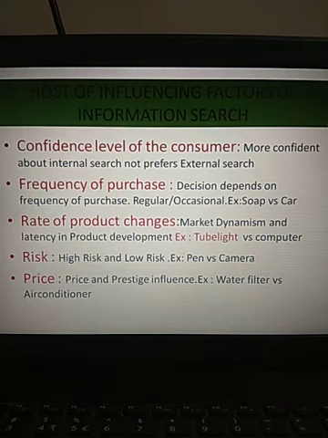But if a new kind of thing is going to be purchased, you need to have critical observation. The more confident the consumer, the more he prefers internal search, not external search. If prior experience exists, it will be there within him only, so he prefers internal search. He never asks other people for that information, so he never goes for external search.